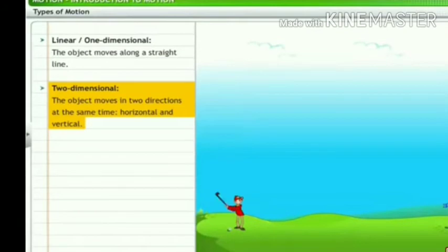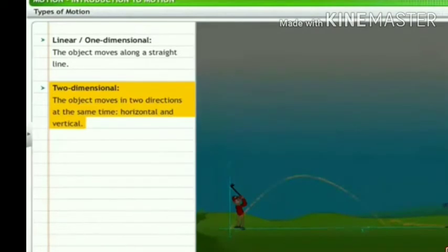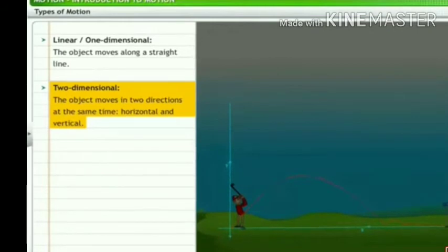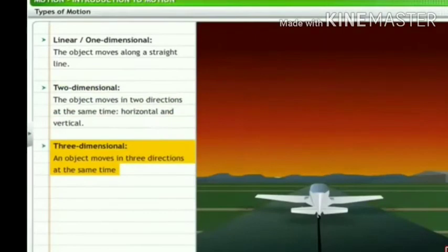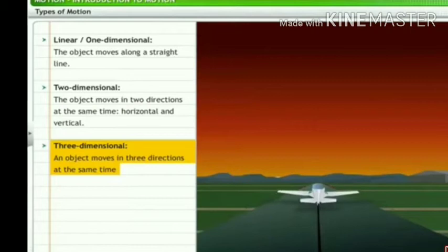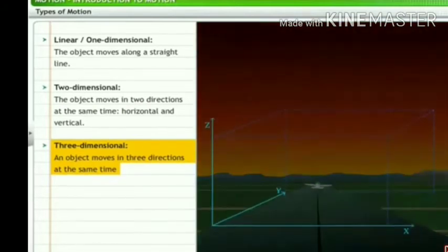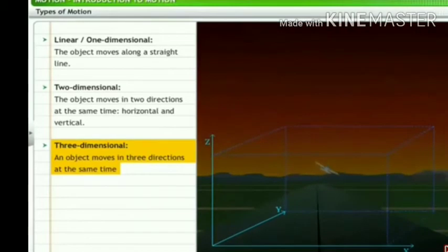Hence it is two dimensional. Hitting of the ball is in two directions. Three dimensional motion: when motion takes place in three directions, that is along the three axes x, y, z at the same time, then it is called three dimensional motion. Thus you can see according to this graph, three dimensions.